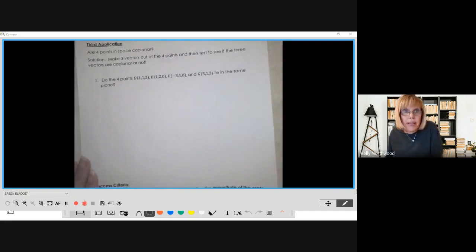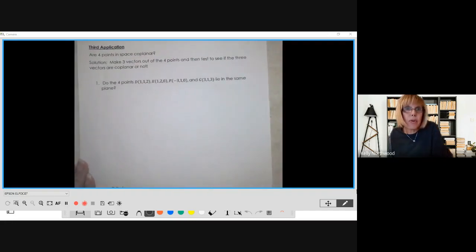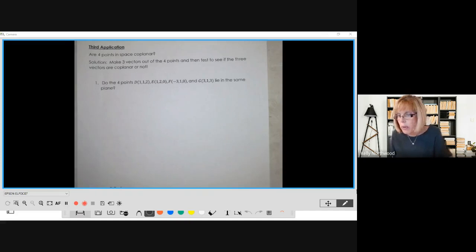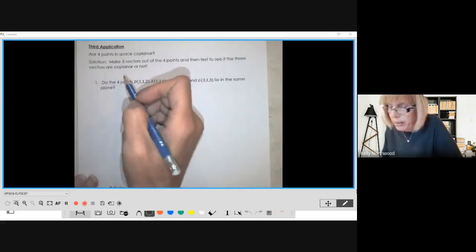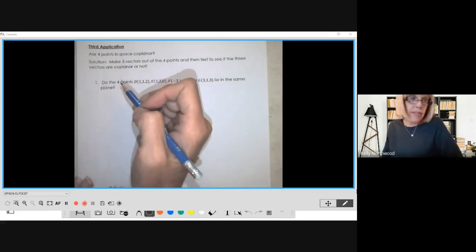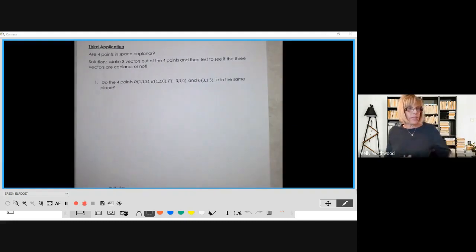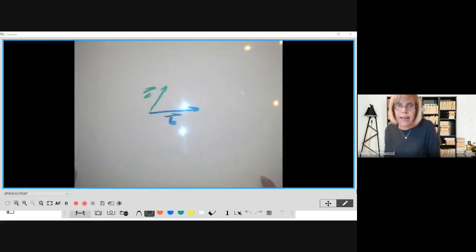Okay, so our third application is to check and see if 4 points in space are coplanar, and John already talked about this. So yesterday we learned how to find if 3 vectors were coplanar. So for instance, we always knew 2 vectors were coplanar.